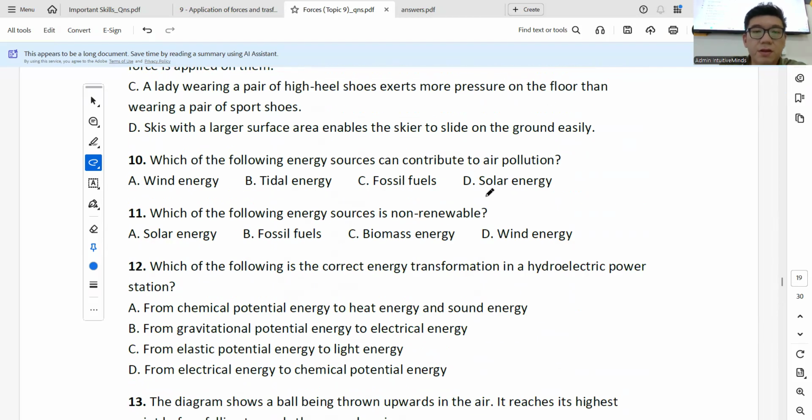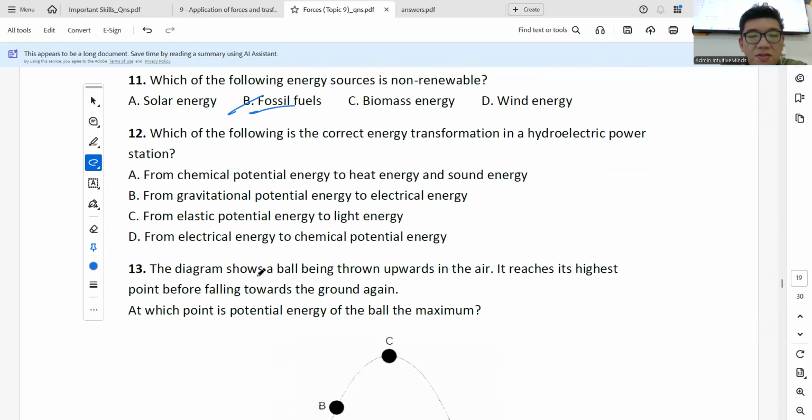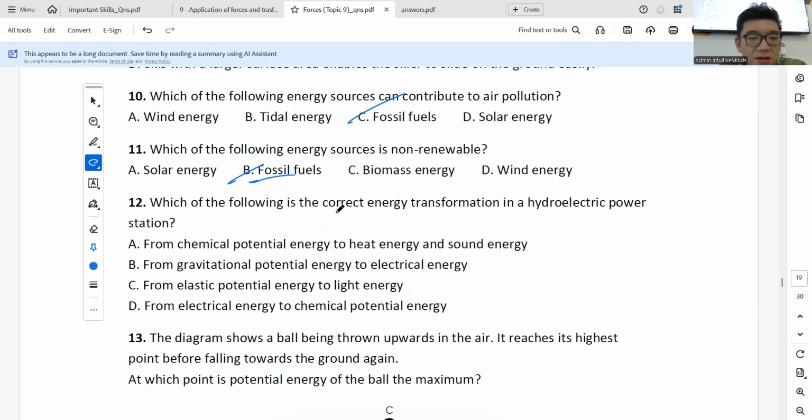Okay, question 10. What's the answer? C is correct. 11. You have to wait 65 million years to generate. So it cannot be renewable. Hydroelectric. Okay, hydroelectric is from the water falling from a great height, going down.